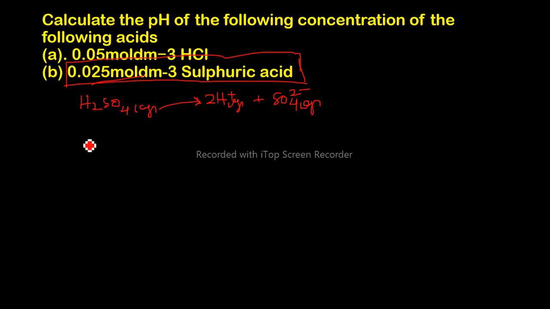So if you have 0.025 molar sulfuric acid, it means it will produce 2 times 0.025 molar hydrogen ions.